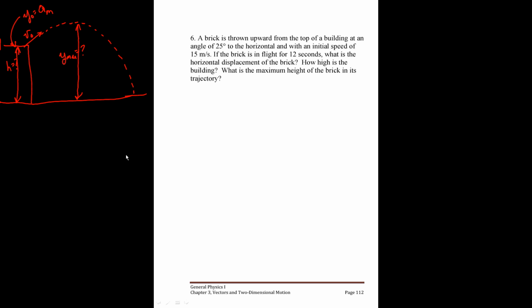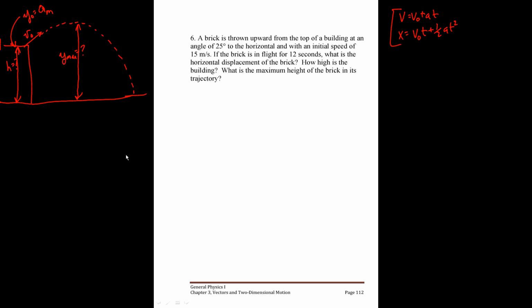Remember, these apply for both x and y directions. That is that v equals v naught plus at, x equals v naught t plus 1/2 at squared. Those are our general kinematics equations.